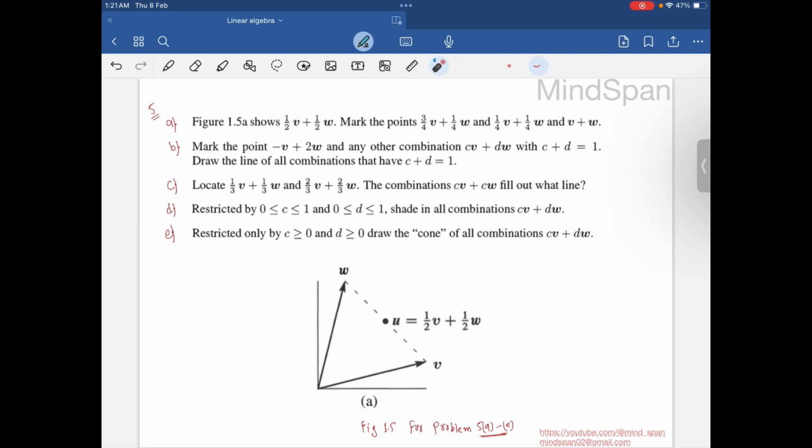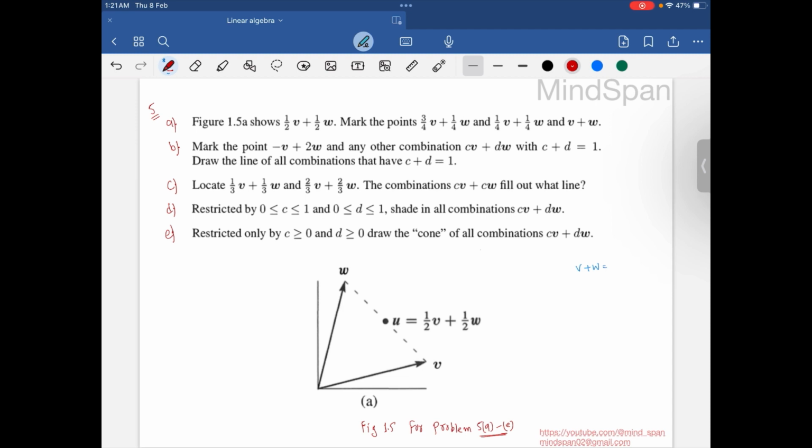So let me just go through one. You see that if you take C equals 1, and D equals 1, then you take this V plus W, right? So you will do the addition of these two vectors, right?